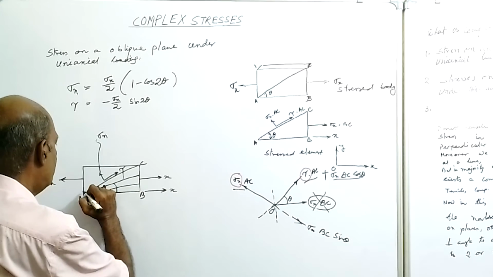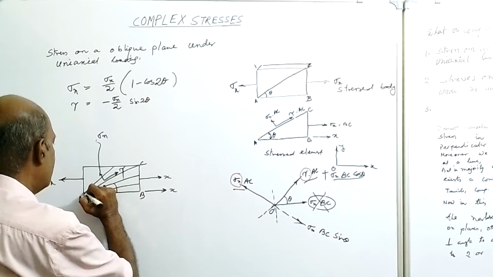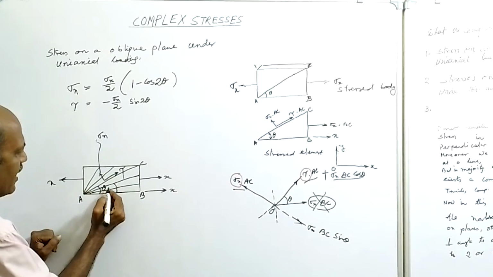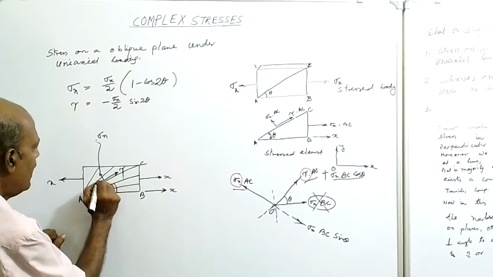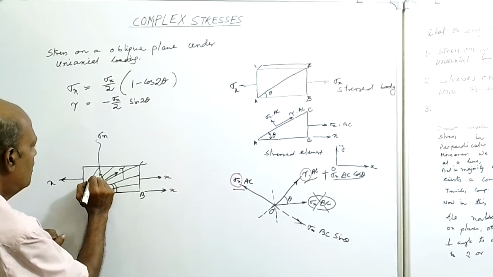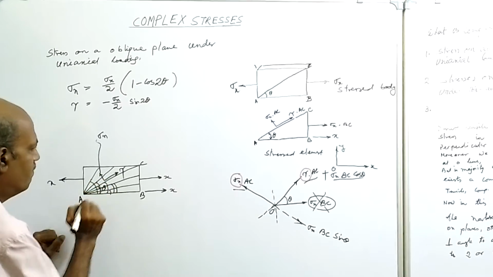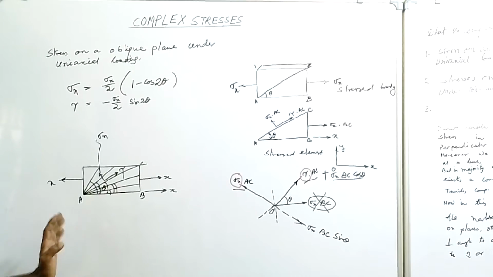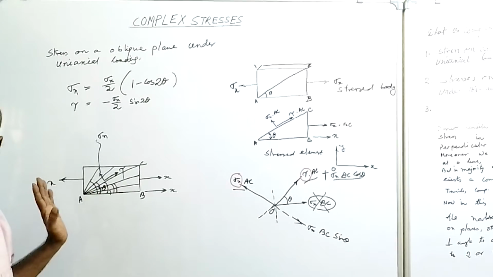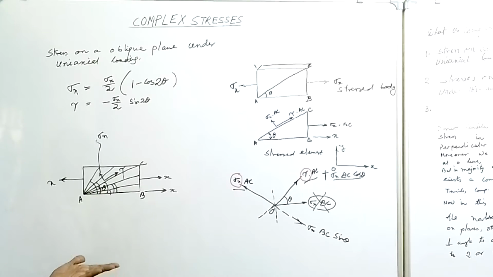If we consider a number of inclined planes making an angle with the x-axis, the intensity of stress will carry on varying. That is clear. And there will be some plane where the maximum stress will develop, that is, shear stress.